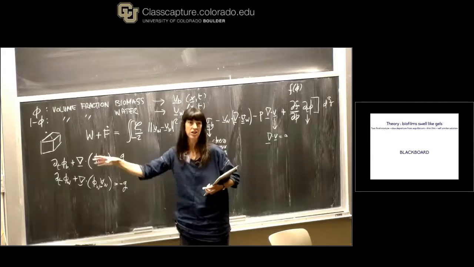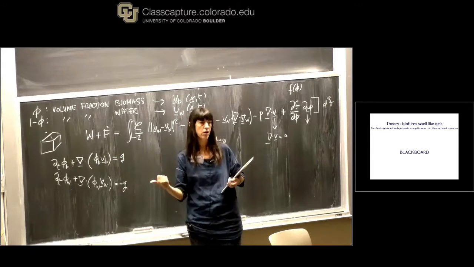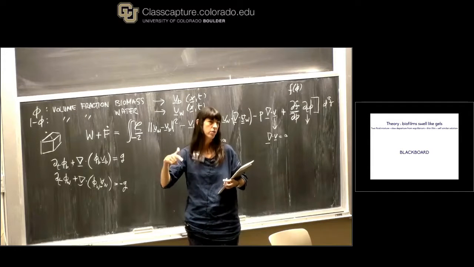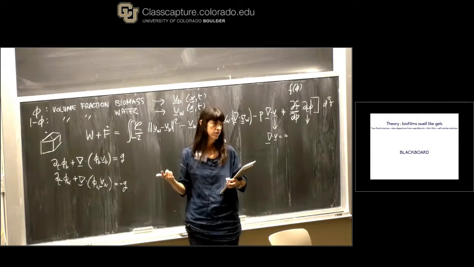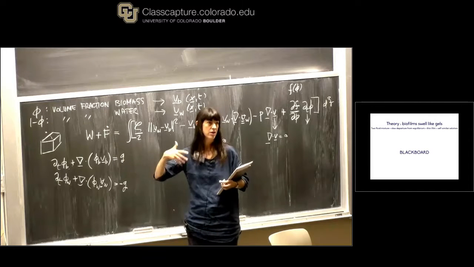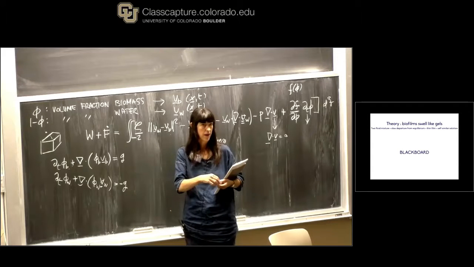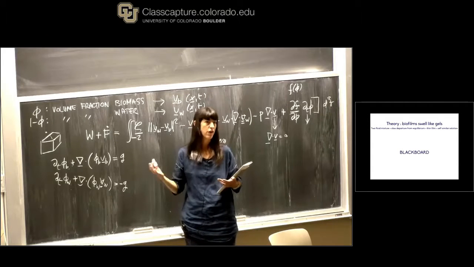So, here I'm putting everything together. The bacteria are producing biomass and the polymers are not producing biomass. Okay, so I should make a distinction, but as long as the polymers are a small fraction of the volume taken by the biomass, that's fine.